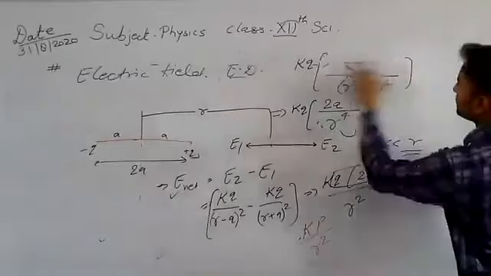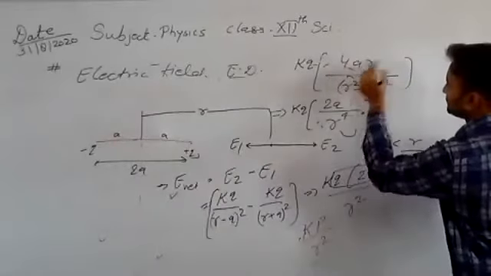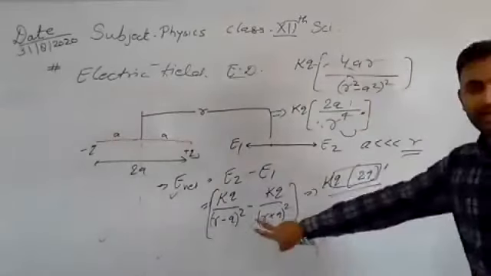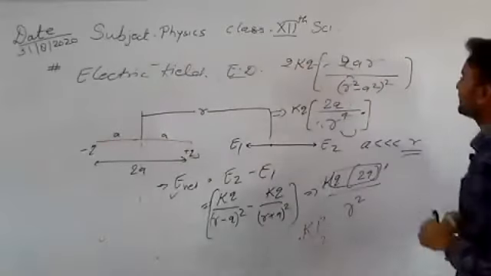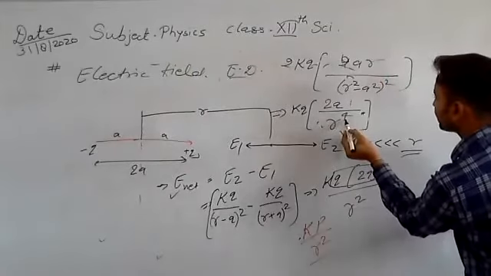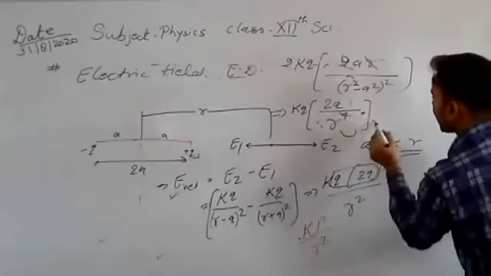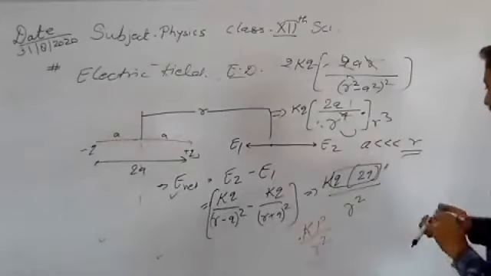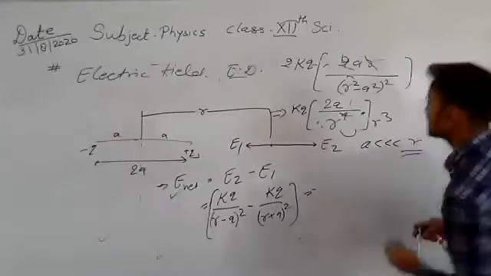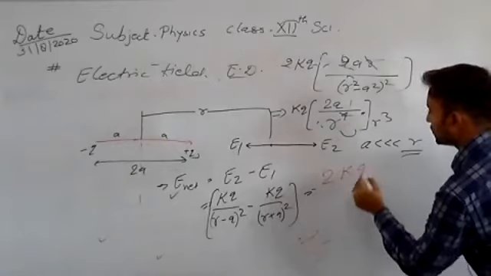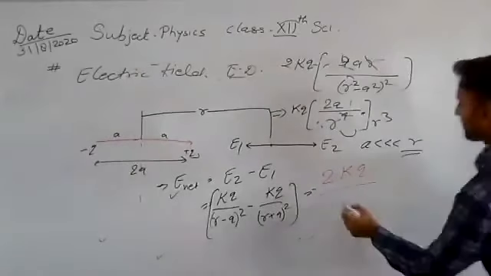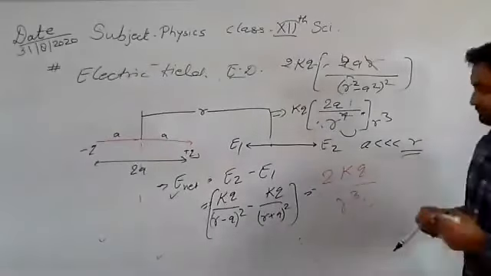Square square, so it will be 4AR. It will be 4AR here. So 2 I can take out, so it is 2AR here. This R to the power 4 will be cut by R, so R cube will come. So now the result will be 2KQ divided by R cube.